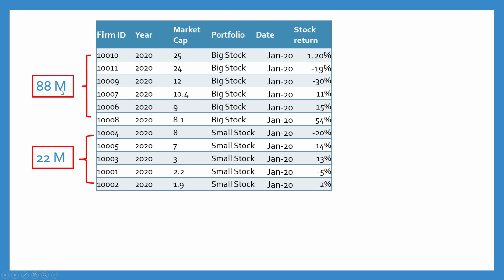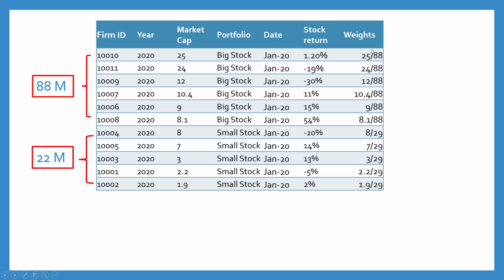And how do we do that? We sum up all the market capitalization in, let's just say, big stocks, which turns out to be 88 million. Similar goes to small stocks. This is 22 million. Next, we would calculate the respective weight of each stock in the portfolio.